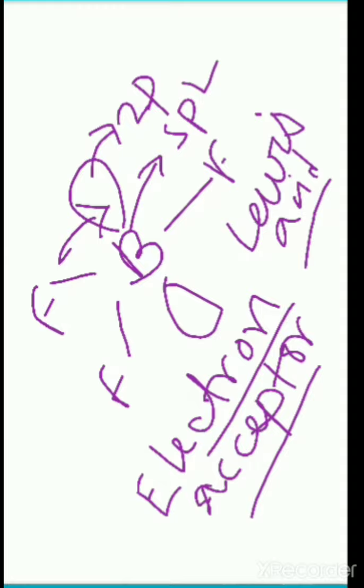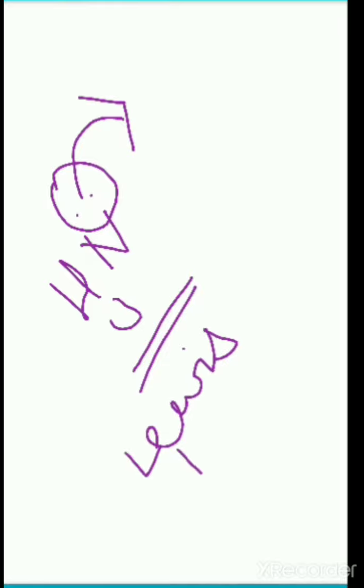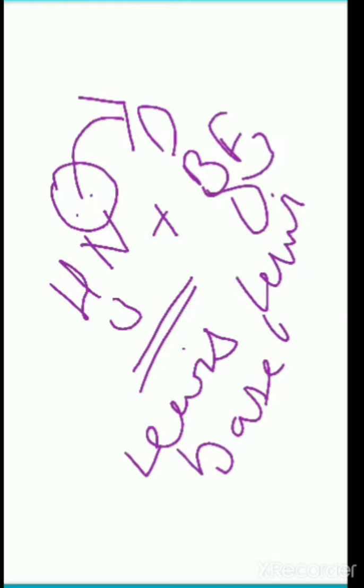So this is Lewis acid. NH3 has a lone pair, it can donate its lone pair, and it is Lewis base. So NH3 donates to BF3, which accepts, and this is the Lewis acid. Okay.